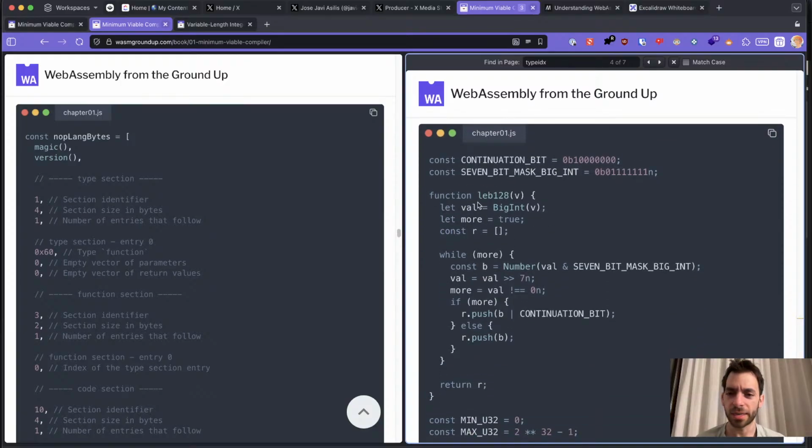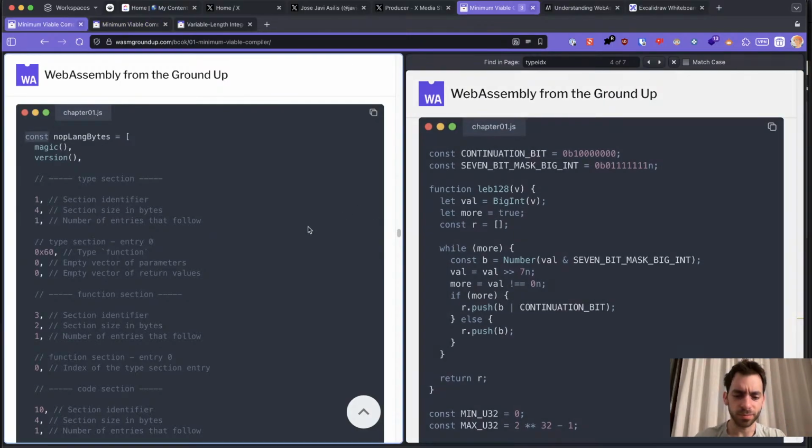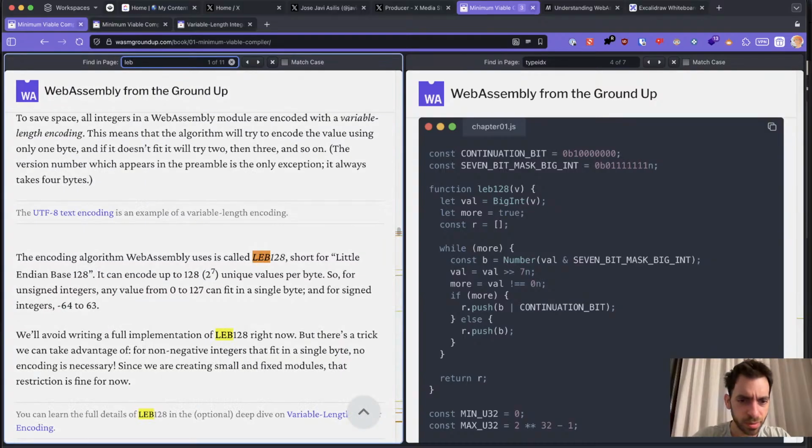So LEB128 was the algorithm for generating the encoding we talked about. Little endian base 128 can encode up to 128 unique values per byte. For unsigned integers, it can go from 0 to 127, and for signed integers, it can go from minus 64 to 63.